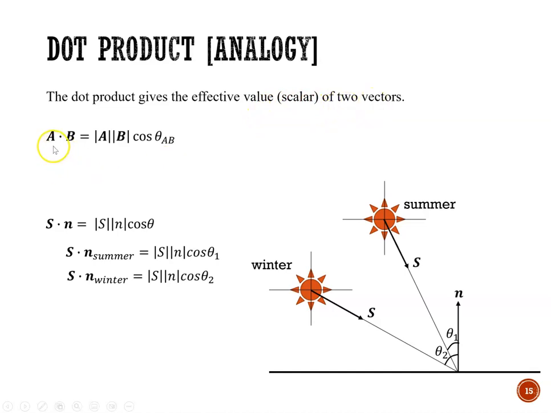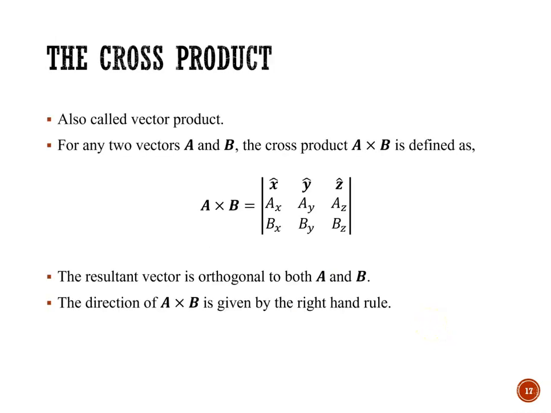For example, if you see these two vectors here, you have a vector summer and a vector winter. Vector summer has its own angle, theta 1, and vector winter has its own angle, theta 2.